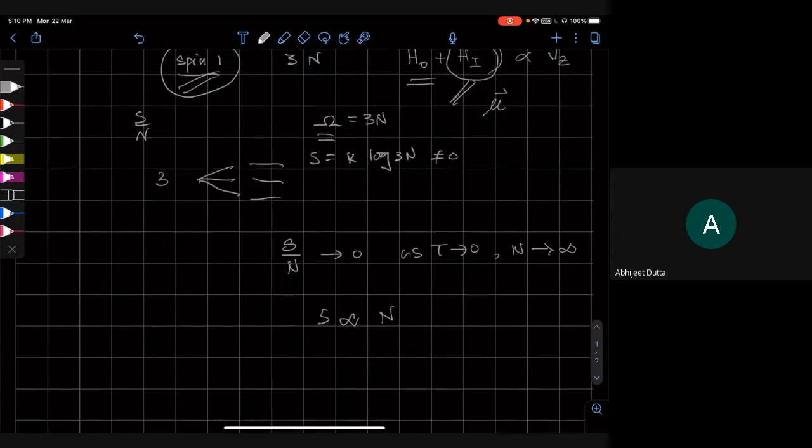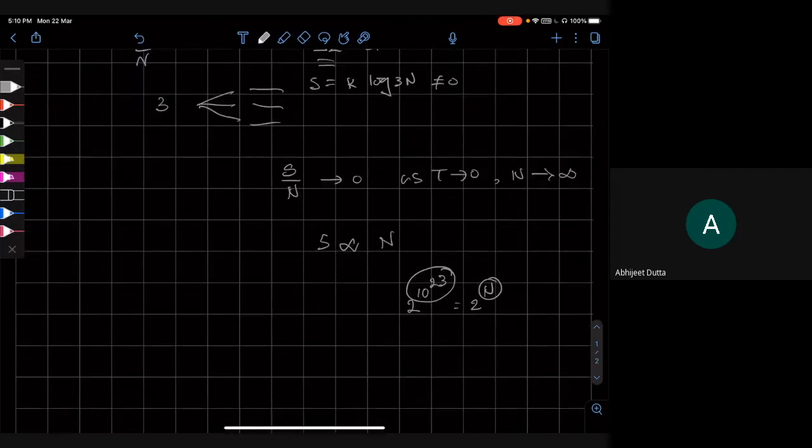We took a very artificial system, but generically, if you have 10^23 particles and you look at all the possible spins, say spin half, which is even simpler than this problem, the number of possible configurations is 2^N, where N is 10^23. So the entropy is proportional to N times log 2.